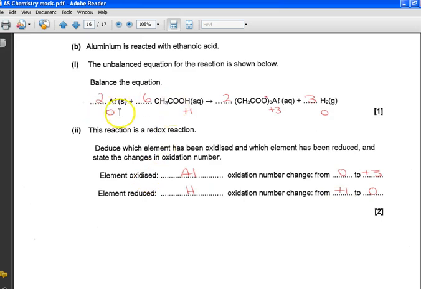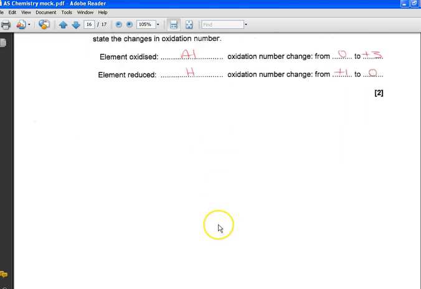And aluminium has gone from 0 to +3. You know it's +3 because that CH3COO, and there are 3 of them, is the minus ion effectively from the acid. Yeah, it's lost its hydrogen, hasn't it? So that's negatively charged as such. So you know it's +3.